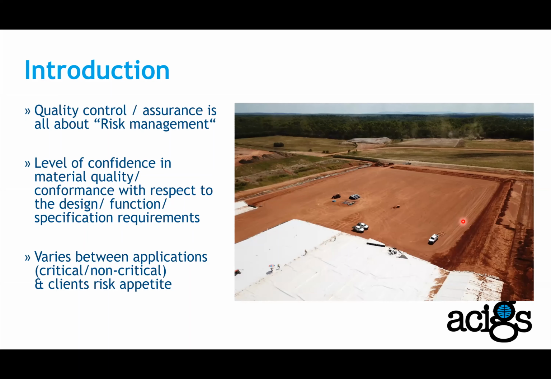Essentially, it is the level of confidence in material quality, conformance with respect to the design, function, or specification requirements. That's the definition of material conformance assessment. It obviously varies between applications, whether they are critical or non-critical, and also with client risk appetite. So we have to get back to that risk management or risk assessment topic each time we talk about material conformance or construction quality assurance.